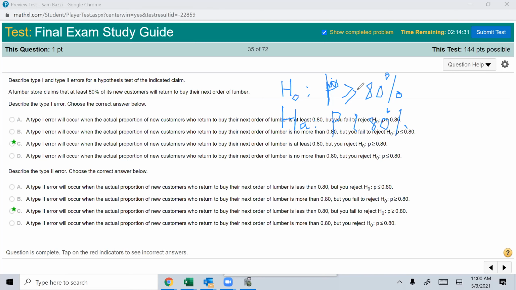Type 2 error means H0 is false, but you fail to reject it. If H0 is false, that means HA is true. If one statement is false, the other statement is automatically true, guys. So that means the proportion is less than 80%, but you fail to acknowledge that. Okay, so that would be type 1 and type 2 error.